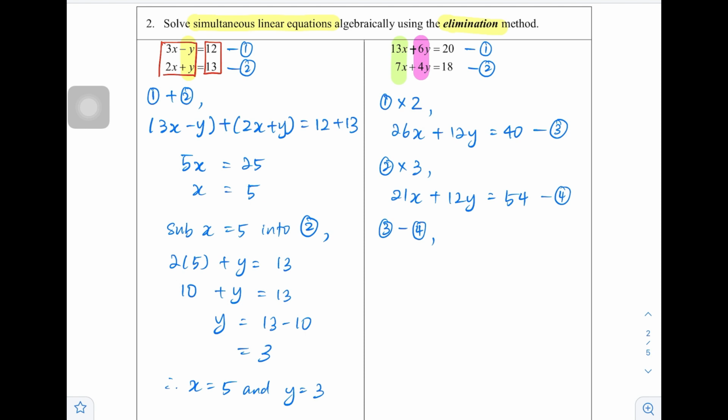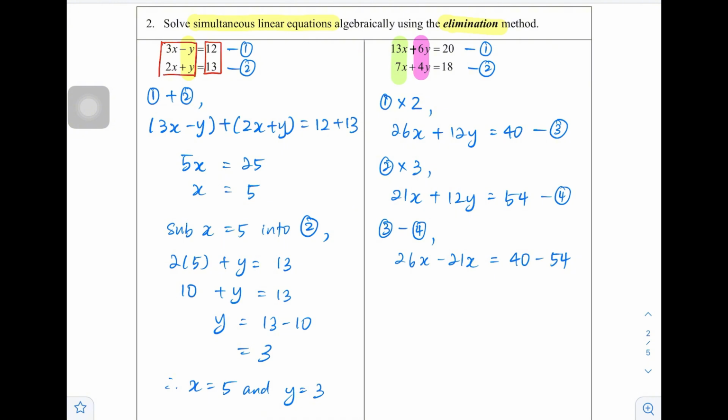If I take equation 3 to subtract equation 4, I will have 26x minus 21x. The 12y, I subtract 12y, I'm already going to get 0y, so I do not need to write that down. Then I would have 40 subtract 54.